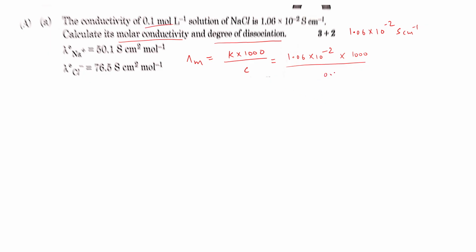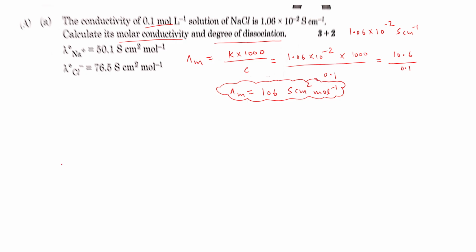When we solve this, 10 to the power minus 2 and 10 to the power 3 directly become 10, so I can write 10.6 divided by 0.1. So lambda m is 106. The unit for lambda m is Siemens centimeter square mole inverse. Writing the unit is very important.